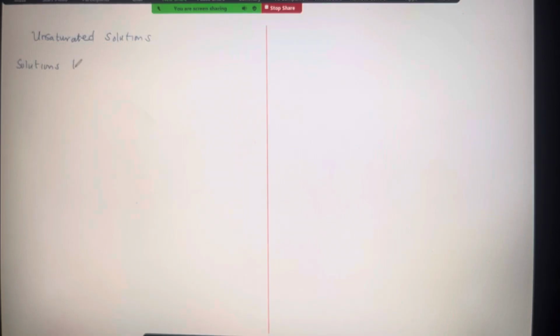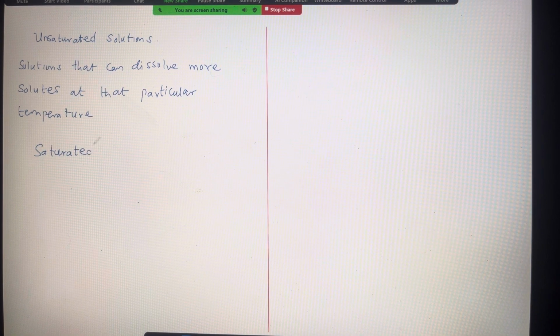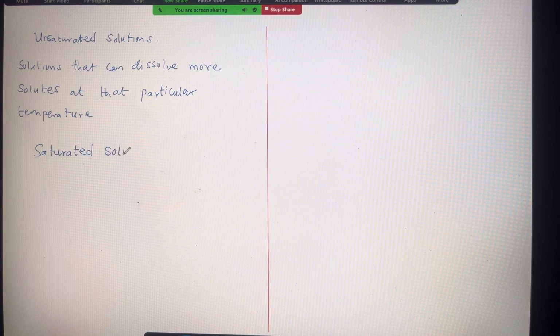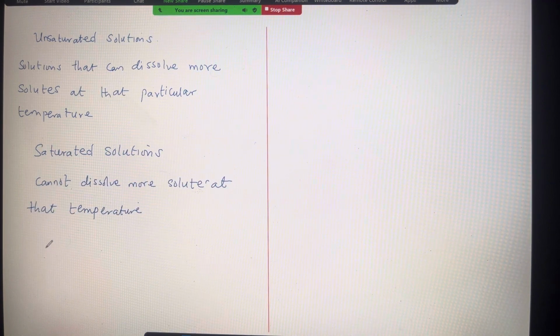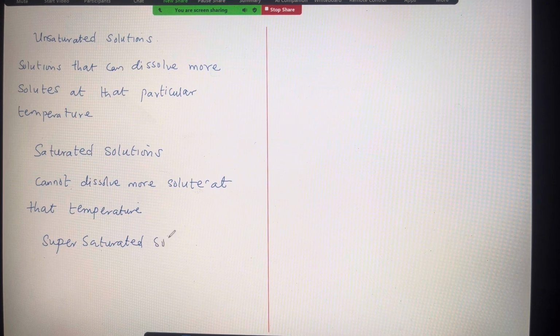What does it mean when you say a solution is unsaturated? This means that the solution can still dissolve more solute at that particular temperature. That's why it's unsaturated. If it were saturated, then you would say that it cannot dissolve more solute at that particular temperature. Another important one here is a supersaturated solution.